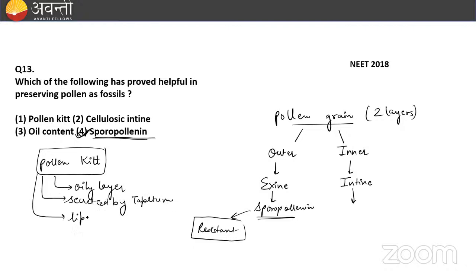They consist of lipids and carotenoids. And because they consist of carotenoids, they are yellow in color. And the main function of this pollen kit, because it's an oily layer, is that it provides stickiness to the pollen grain.